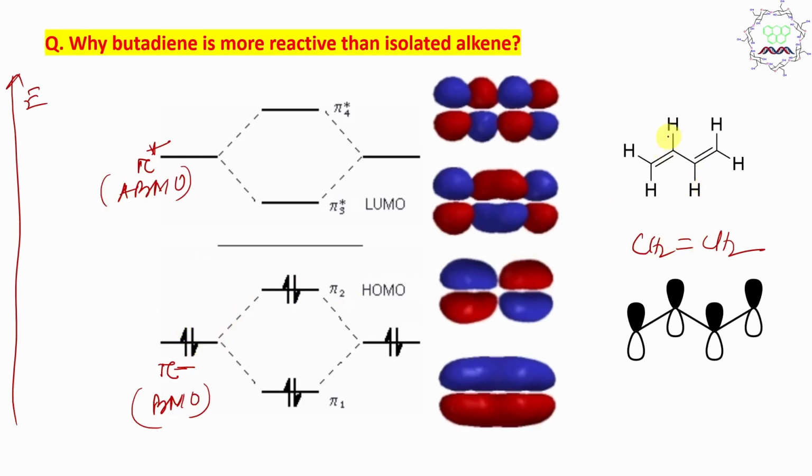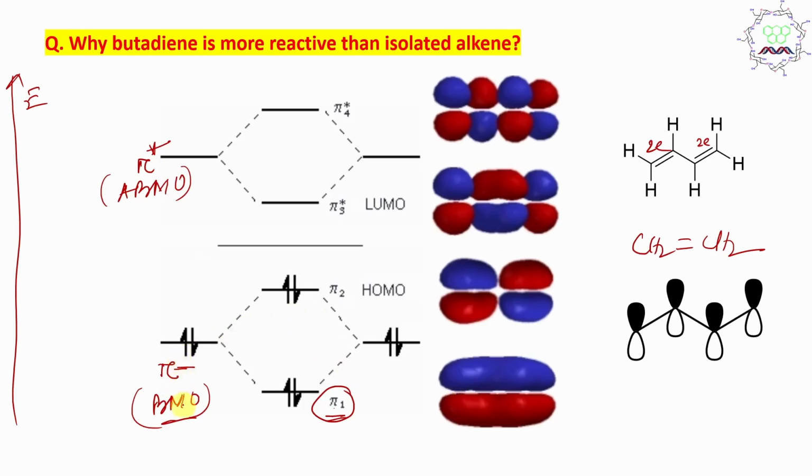But in butadiene, 2 electrons here and 2 electrons here are in conjugation, so these 2 bonding molecular orbitals can participate in further conjugation. Consequently, they produce new molecular orbitals, written here as pi 1, pi 2, pi star 3, pi star 4, or sometimes people write psi 1, psi 2, psi 3, psi 4. Both are accurate.